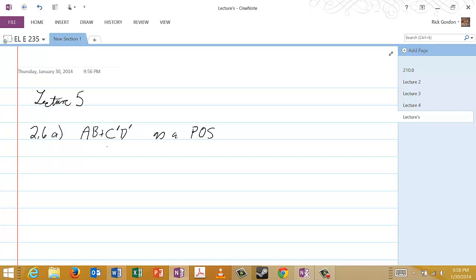The observation is just this very simple observation. If x is any Boolean variable and we complement it twice, we get back that same Boolean variable. To prove that that's true, we can make a truth table if you wish.